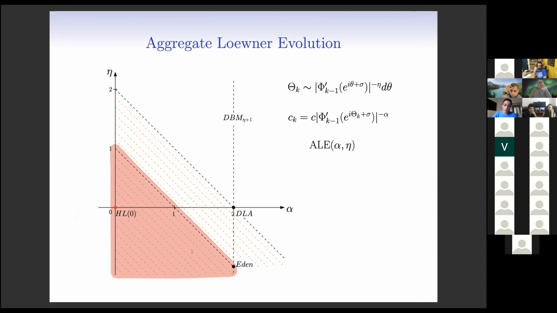And so this in particular includes the best candidate that we have for the continuous version of the Eden model, in which alpha equals 2, so particles have roughly the same size in the actual cluster, and the growth is expected to be uniform on the cluster boundary.